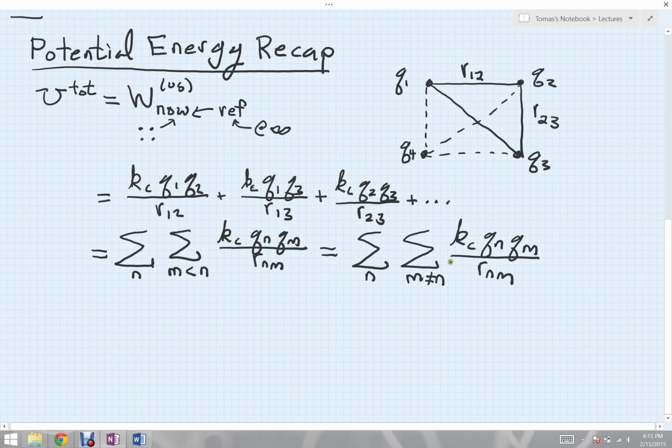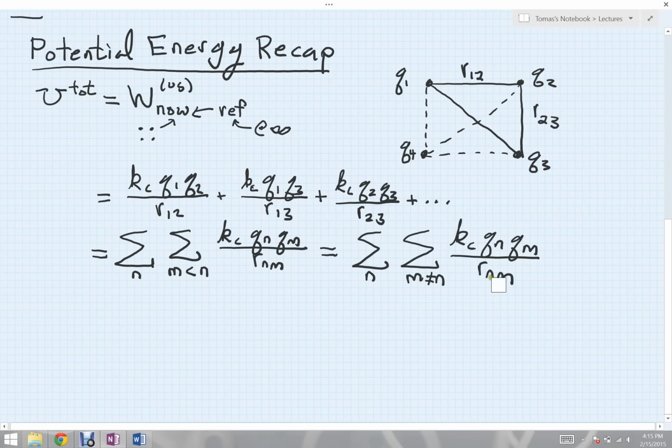Now if I do this, the mathematical form seems a little bit nicer. I don't have this less than thing going on, but I've actually made a classic error if I write it down this way. You'll notice that I have now actually double counted my interactions.